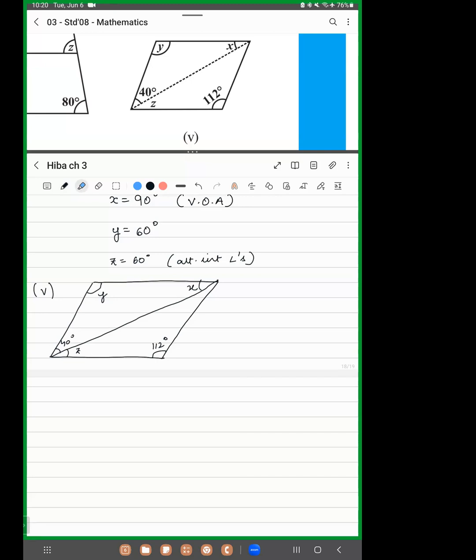No, I can't say that. Y is equal to 112, and 40 is equal to x because they are opposite angles, right? अच्छा, opposite angles. एक बात मुझे बताइए. 40 and x opposite angles हैं. This is 40 and this is x. Are they opposite angles? No.